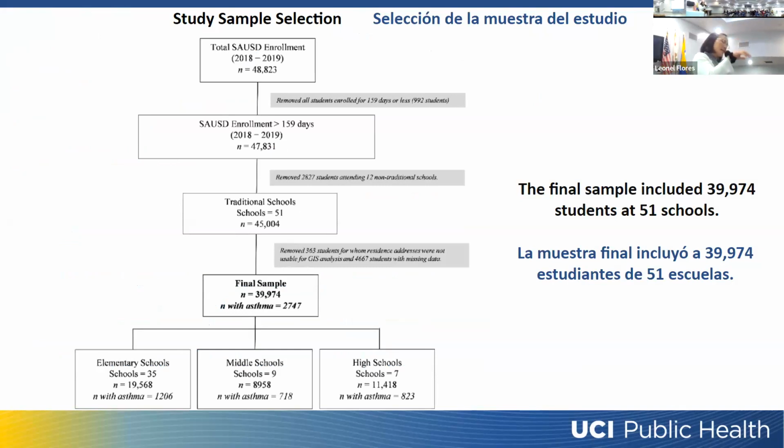Then we further cleaned up our data by excluding some of the children who do not attend the school half of the time, or whose address cannot be put on the map, or who just put the wrong address, so you cannot use the address in your study. After excluding all of those, we get around 39,000 records in our study. That's still a very big number. Next slide.